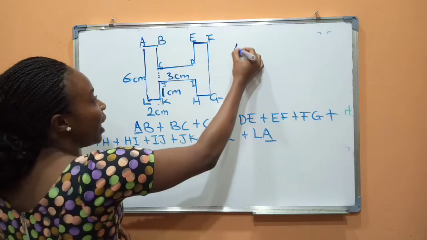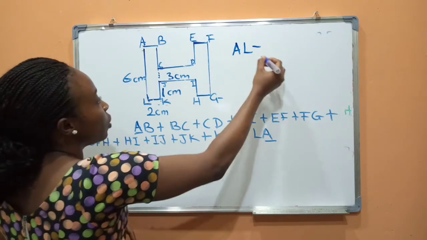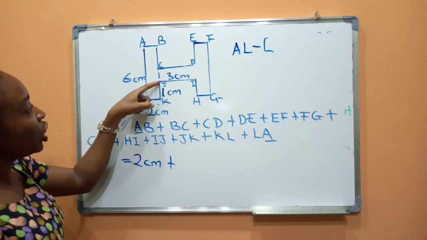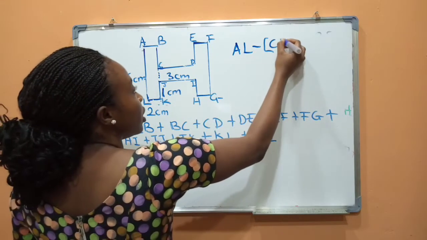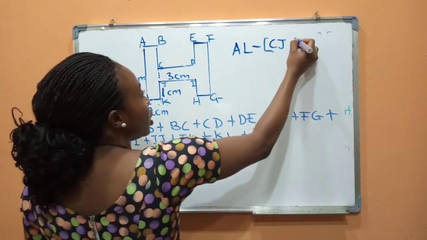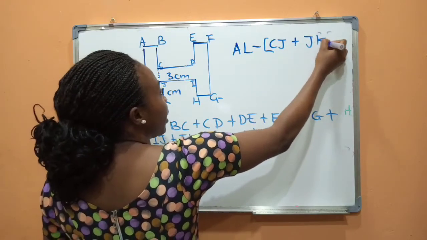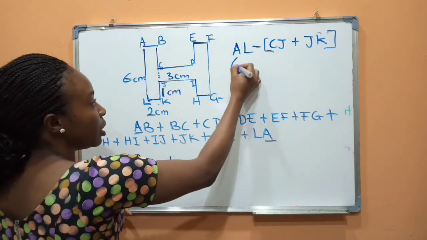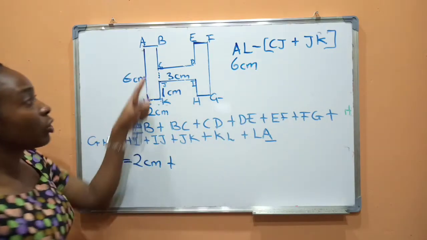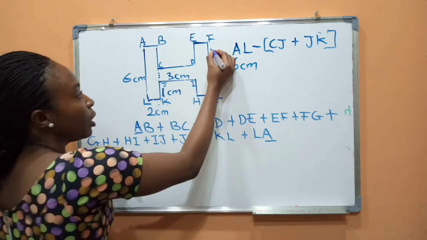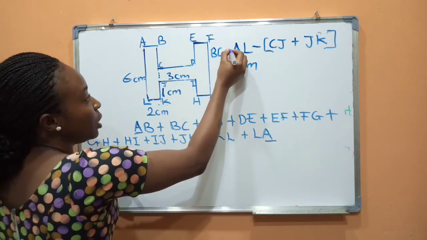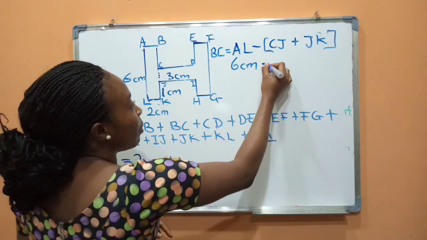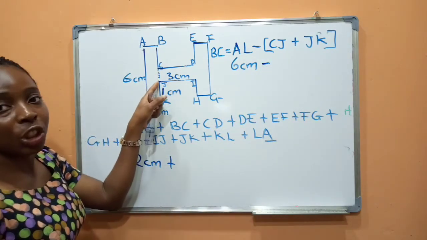We are going to say AL minus CJ plus JK. Okay, so the entire length is 6 centimeter. Remember, we are trying to solve for BC. BC is equal to this. So the next thing we are going to do, 6 centimeter minus, what do we have as CJ?